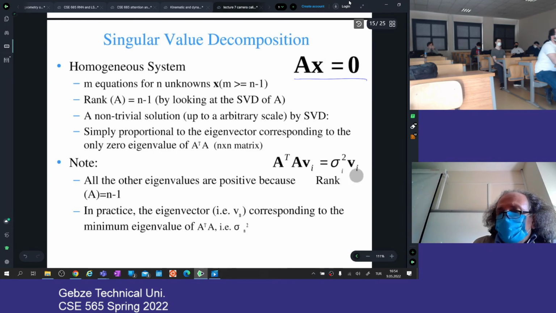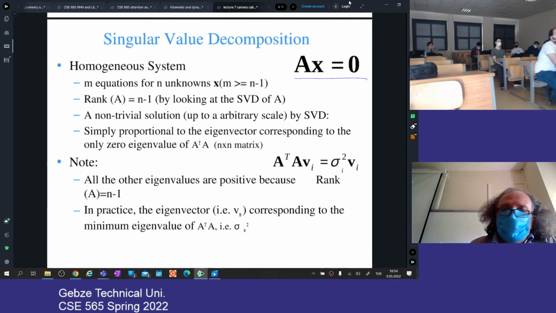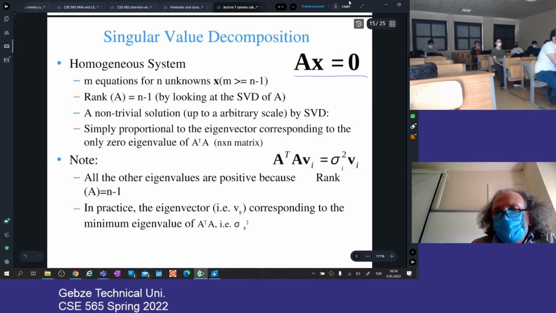This v_n is going to be our solution. That's it. You just do the singular value decomposition of A and take the, remember U, D, V, take the last column of the matrix V, and that will be your non-trivial solution. That's the beauty of singular value decomposition.